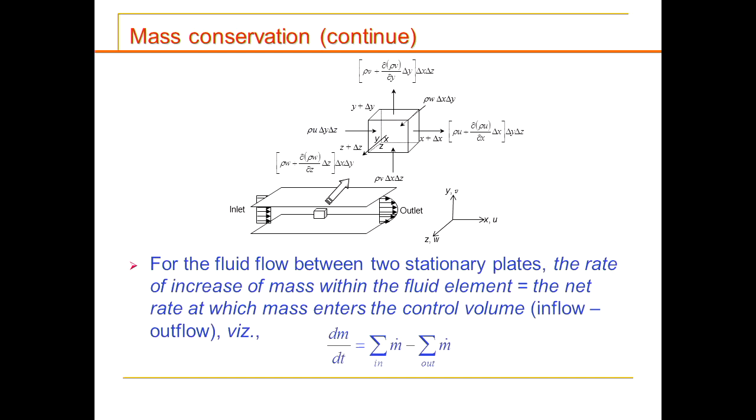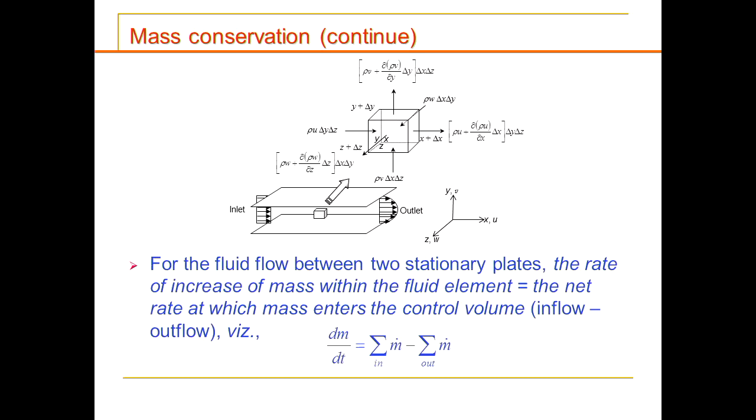Because the area is the same for the fluid element, it's also dy dz on the right-hand side as well. So that's how you do it. The next step is to take the outgoing flux minus the incoming flux, because your axis always goes to the right-hand side.